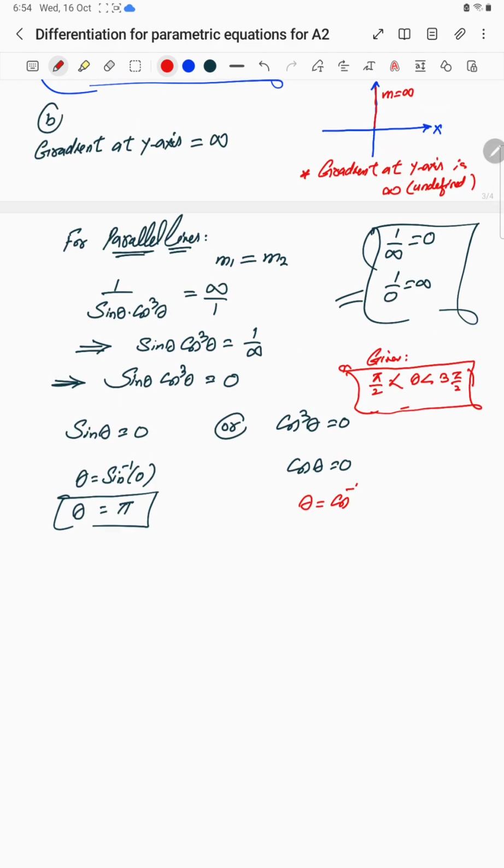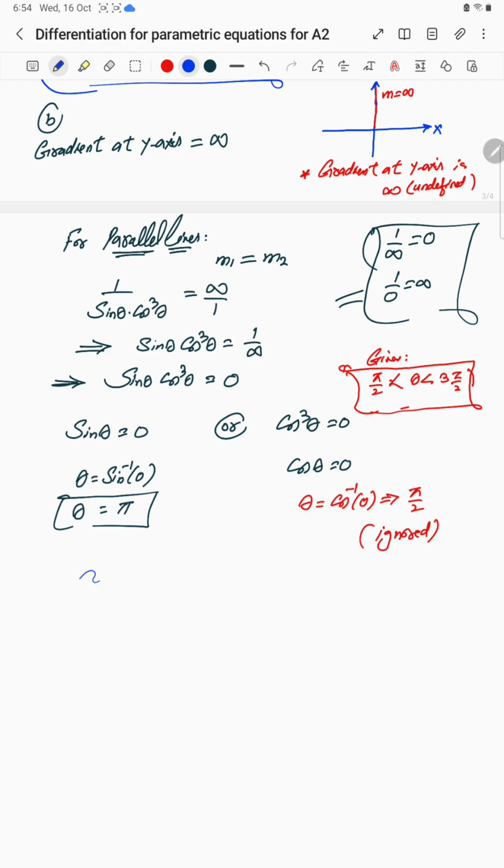So theta is cos inverse of 0, which can be pi by 2, but that is not included in the values, so we ignore it and solve only with this. Now theta is pi.